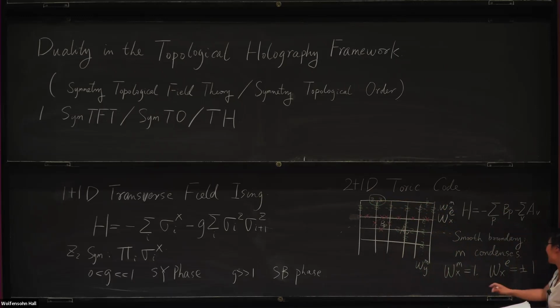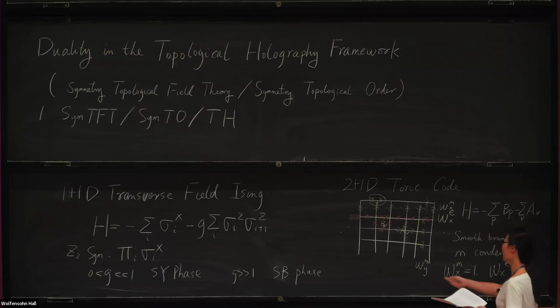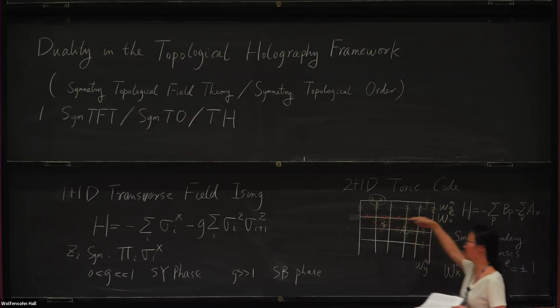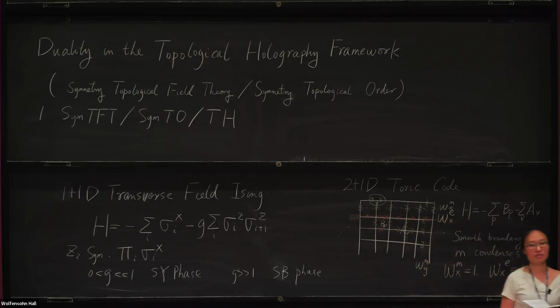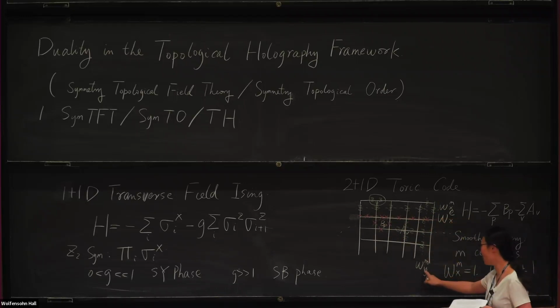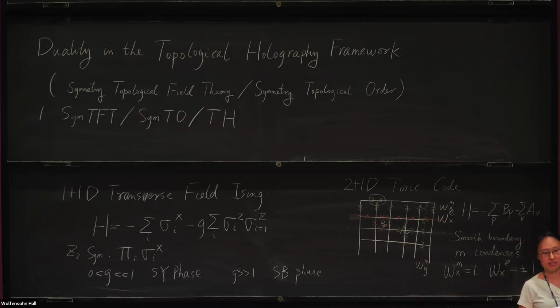Yeah. So this WXE operator, as I just said, can take eigenvalue plus or minus 1. It's going to become the Z2 symmetry operator of the sandwich. And then because this WYM operator anti-commutes with this horizontal X string, that means that this WYM operator is actually the Z2 charge operator of the sandwich.